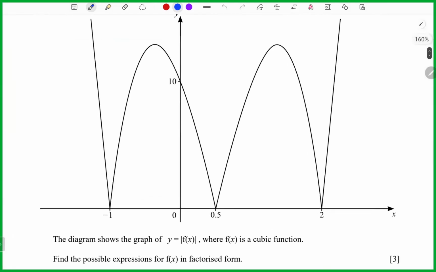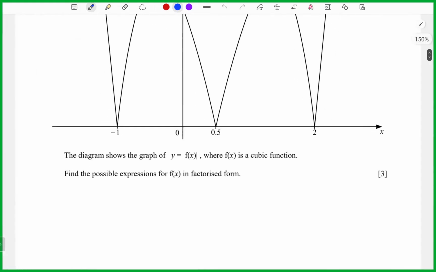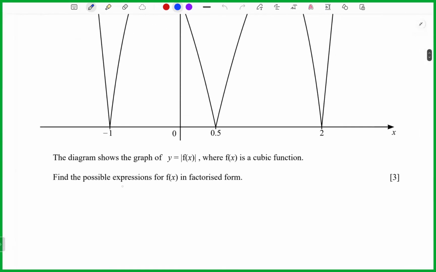The diagram shows the graph of y equals modulus of f(x), where f(x) is a cubic function. Find a possible expression for f(x) in factorized form. Since this is a cubic function, I can write f(x) as a bracket x plus 1, because this is an x-intercept, then 2x minus 1, and then last, x minus 2.